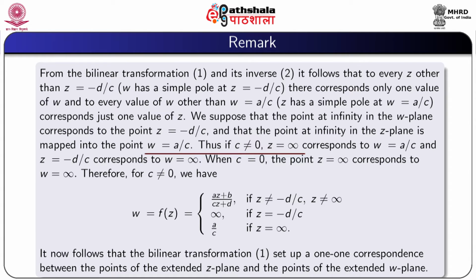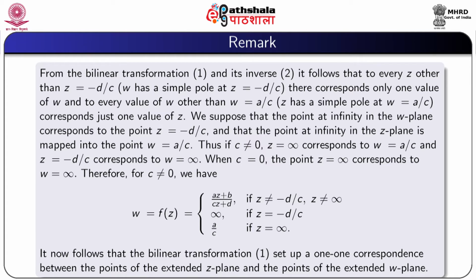Thus, if c not equal to 0, z equal to infinity corresponds to w equal to a by c, and z equal to minus d by c corresponds to w equal to infinity. If c equal to 0, then the point z equal to infinity corresponds to w equal to infinity.